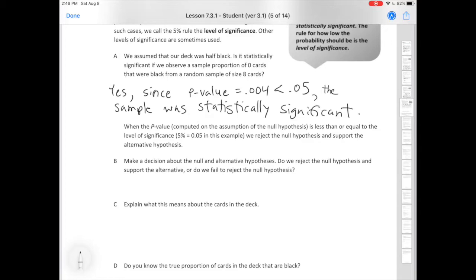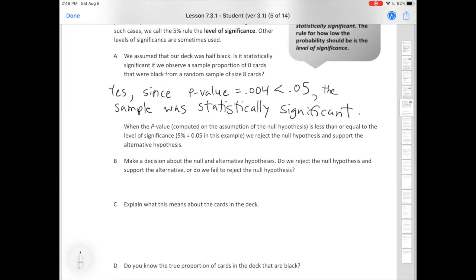When the p-value computed on the assumption of the null hypothesis is less than or equal to the level of significance, which is 0.05 in this example, we reject the null hypothesis and we support the alternative hypothesis.